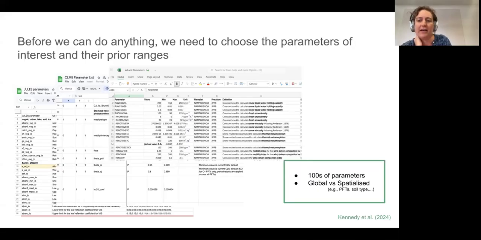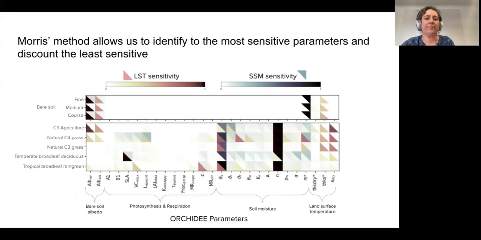There's a paper led by Daniel Kennedy where it documents this big effort that's been put into documenting all these parameters and getting them in, the min and the max, before being able to even get to the point of doing a sensitivity analysis.